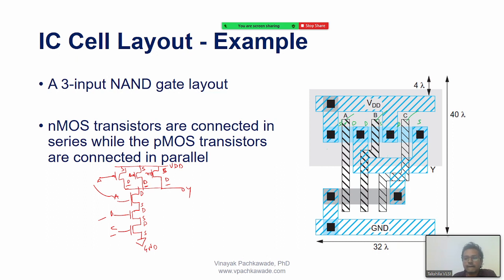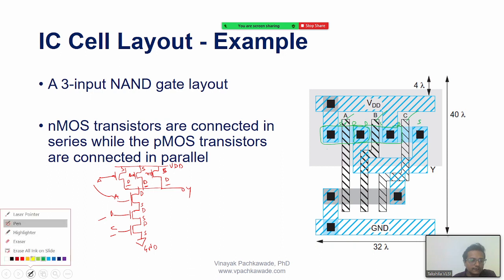Okay, so this is an individual transistor, the drains are overlapped. This is the second transistor, I use a different color, and this is the third transistor.